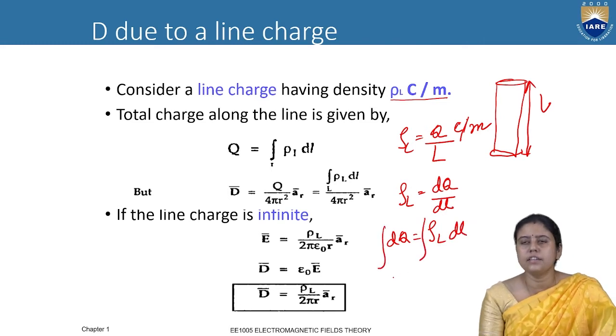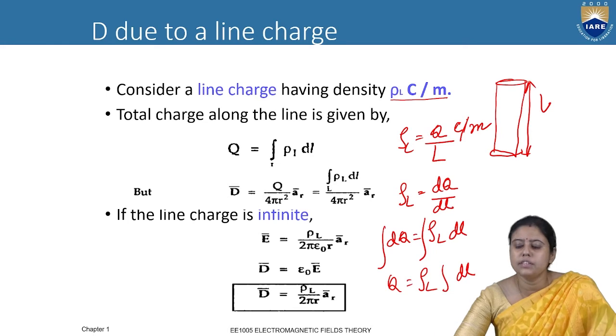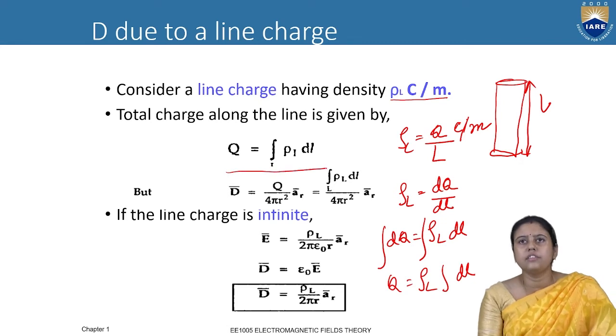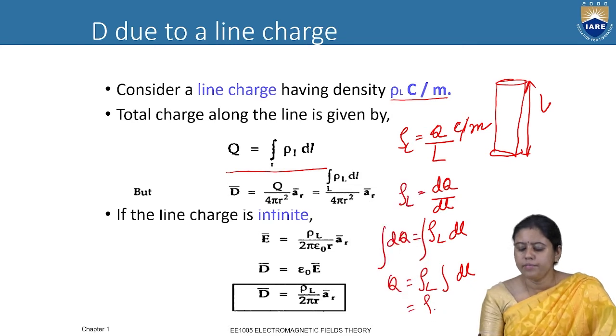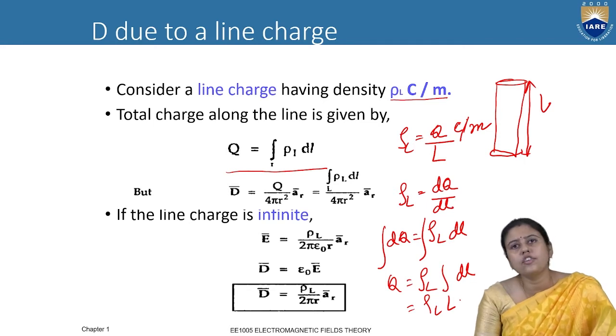If we integrate it, Q is equal to the integral of rho L dl. The length of this line we are assuming is L, so Q is equal to rho L into L.